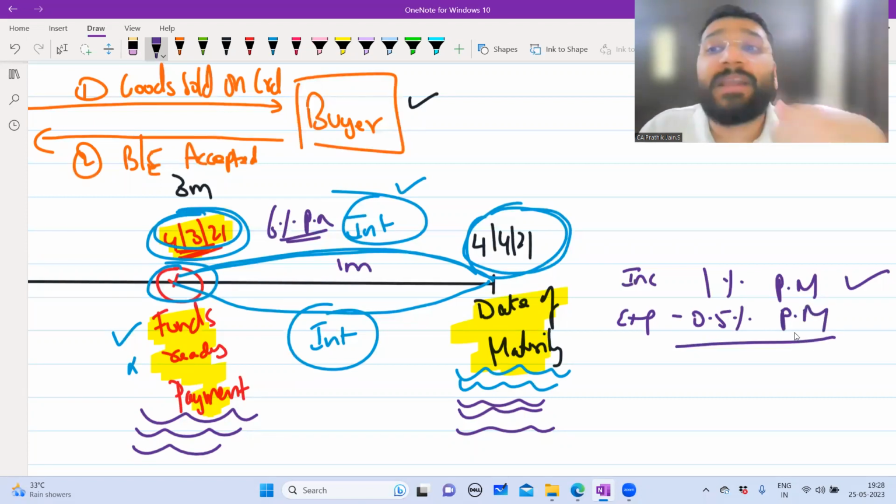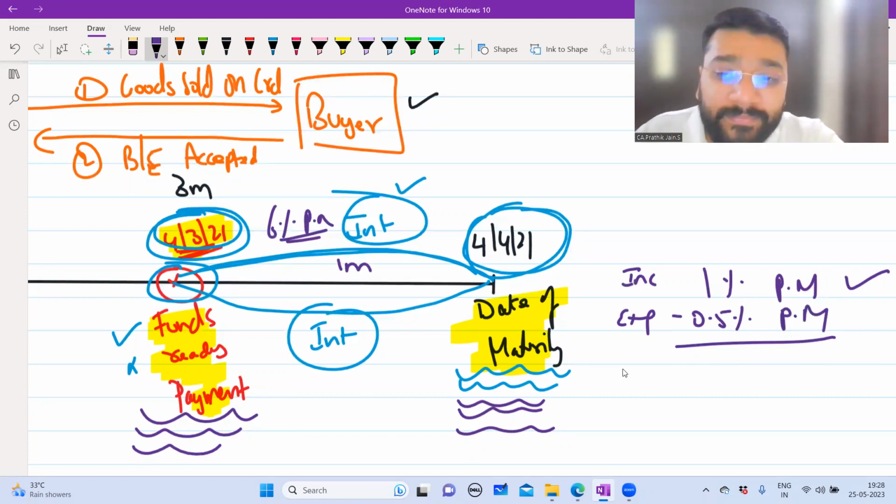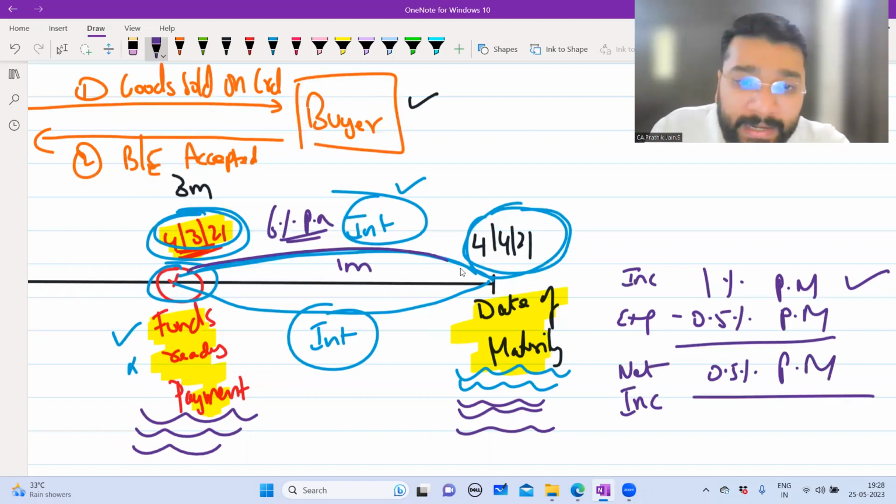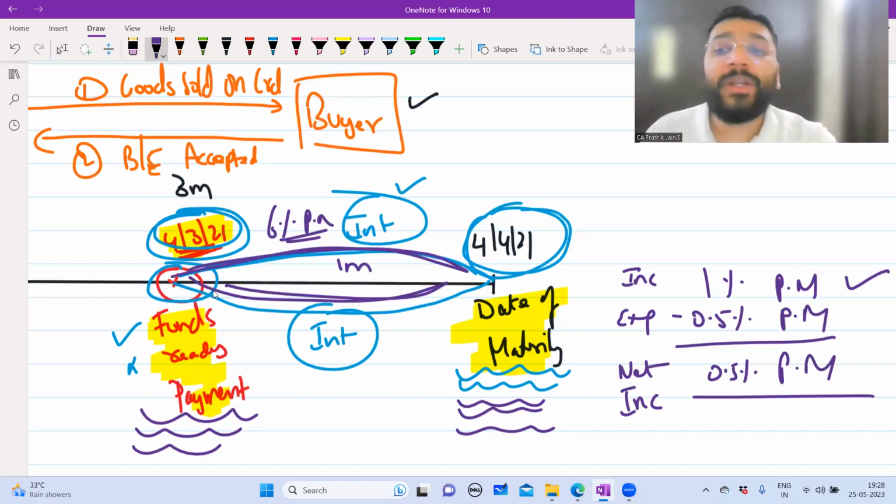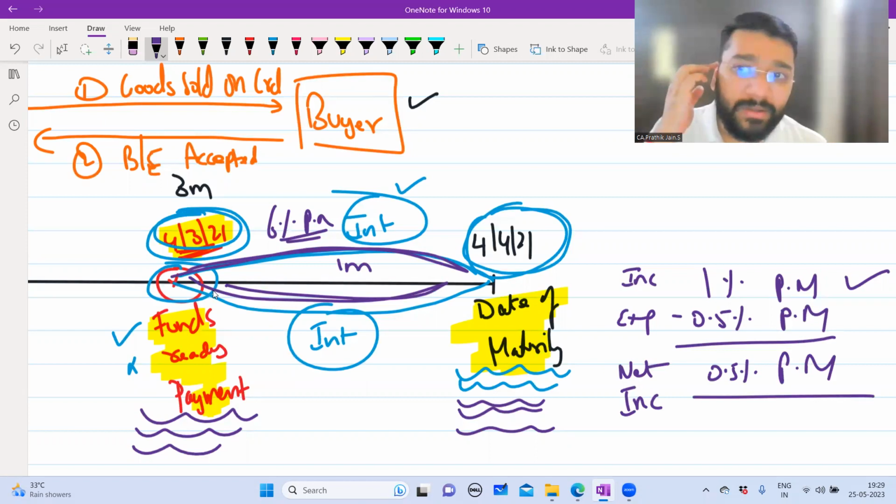So how much extra money will he make? What will be his net income? 0.5% per month. So in this period, he is able to make 0.5% extra income. So anybody would want to capitalize on this opportunity and not miss it.